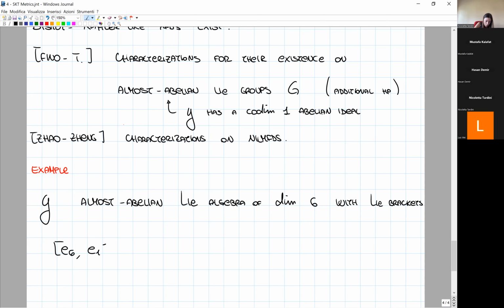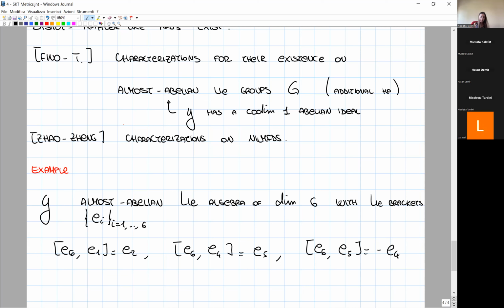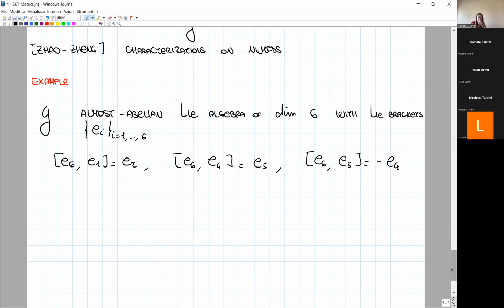The bracket of e6, e1 is equal to e2, the commutator of e6, e4 gives e5, and e6, e5 gives minus e4. These are the only non-trivial brackets, where the basis is given by e_i, i from 1 to 6. This is almost abelian, because we have this element e6 that is the only one that has non-trivial brackets with the other elements.